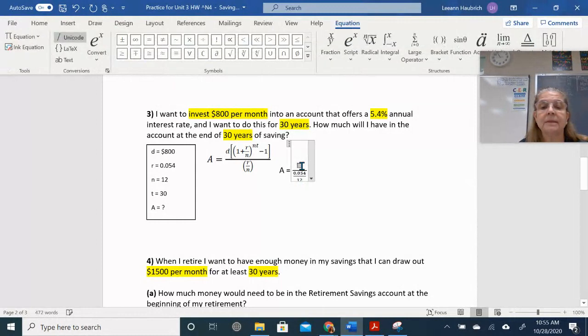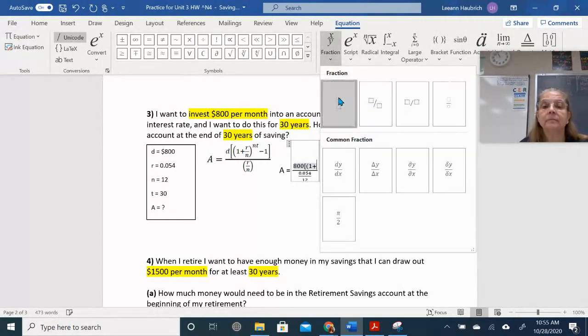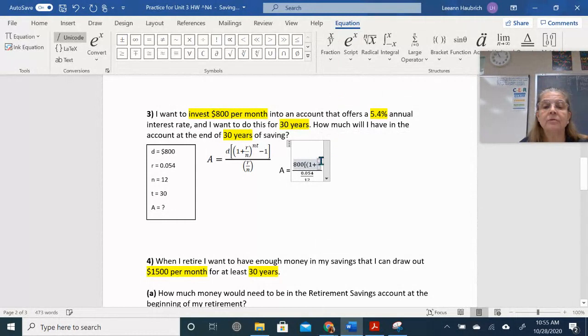I have to fill in the top part of the formula. The D is going to be $800 a month, and that is going to be multiplied. So we have to have two sets of parentheses, basically, or a bracket and a parentheses. So you see that? A bracket and a parentheses. 1 plus, I need another fraction, the interest rate.